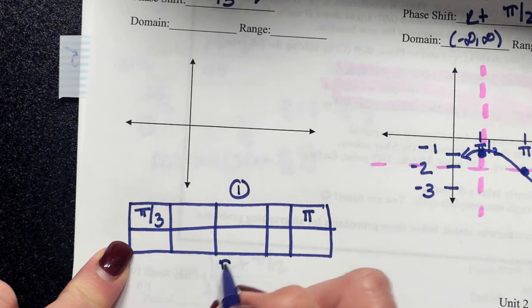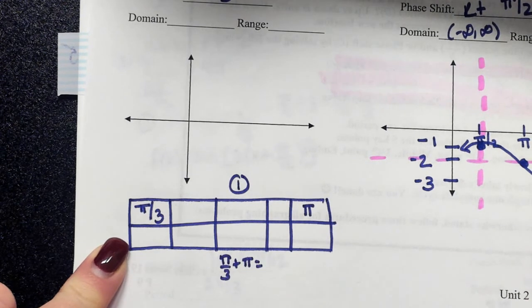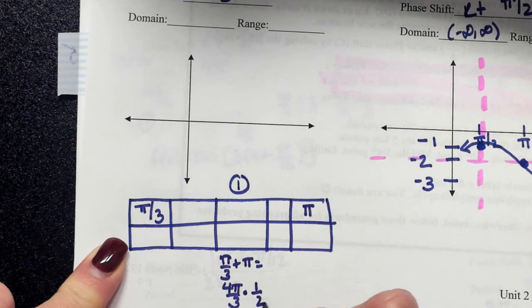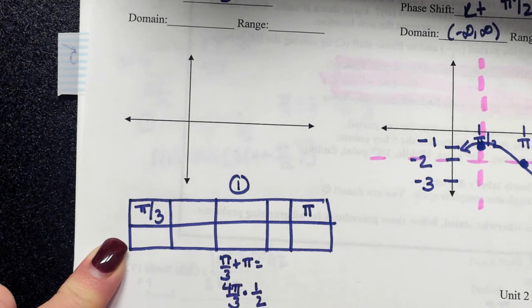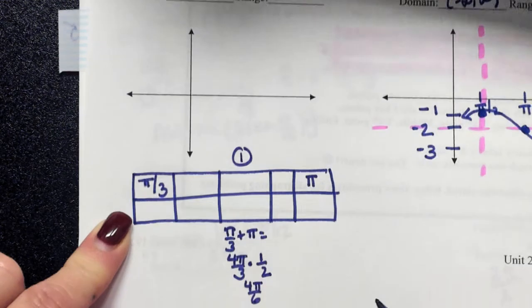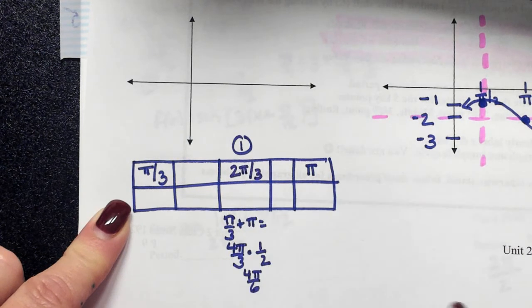Well, I have to take pi over 3 and add pi. So what is pi over 3 plus pi? 4 pi over 3. When I divide by 2, I'm actually going to multiply by a half. So what's this middle point going to be? It's going to be 4 pi over 6, but when I reduce 4 pi over 6, that reduces to 2 pi over 3.